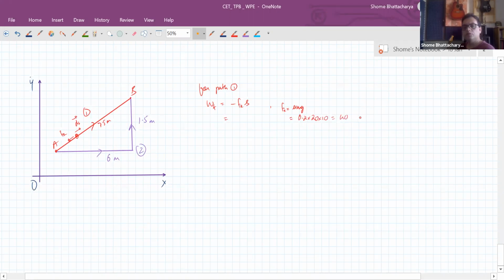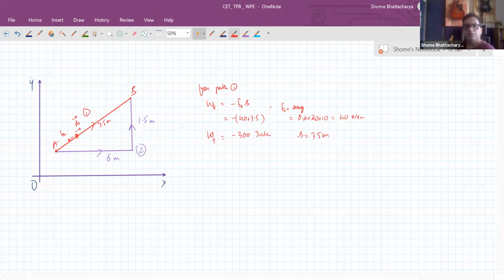So 40 newtons. But more importantly, the distance through which it is moving is 7.5 meters. So this will become minus of 40 into 7.5. This will be the work done by friction.